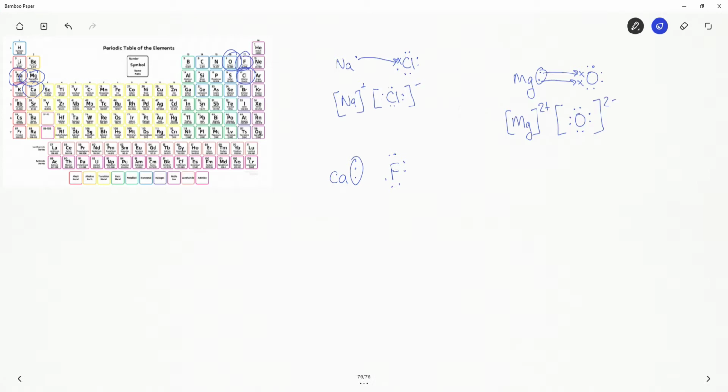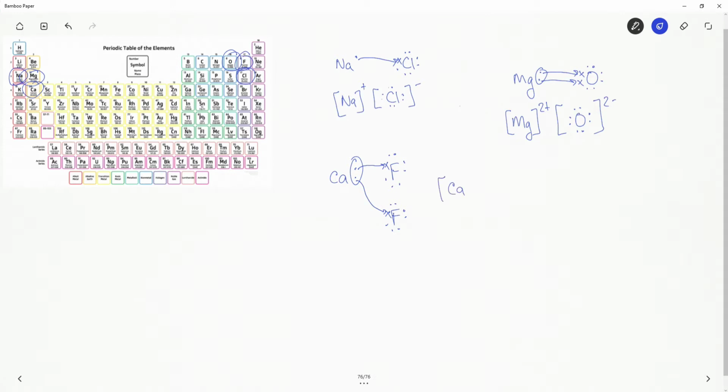So how can we deal with that extra electron? Well, what we do is we bring in another fluorine atom that wants an electron. So 1 electron will go to 1 fluorine atom, and this electron will go to the other fluorine atom. Now calcium has lost its 2 electrons, and both fluorines have gained an electron.